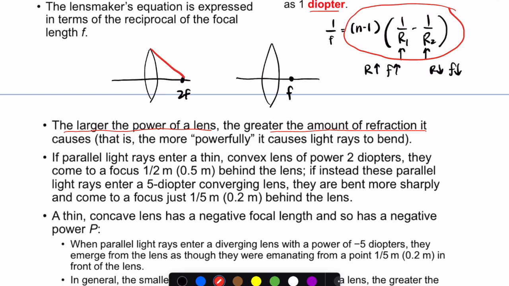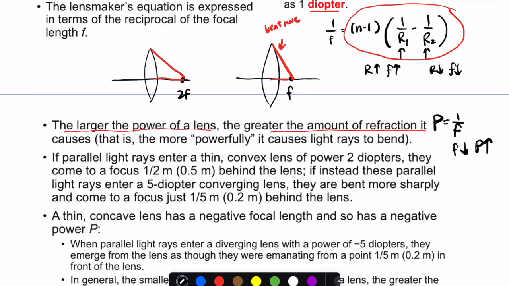Look how much more the light is bent. It's bent more because this f is smaller than 2f. So if f is smaller, the light is bending more, and the power is higher, because power and focal length are inversely related. So f small makes the power big because it bends the light more.